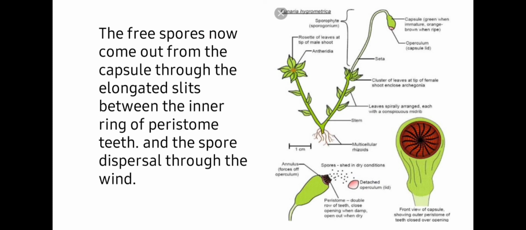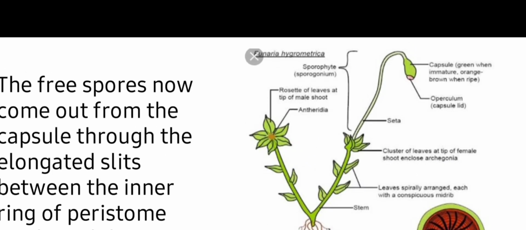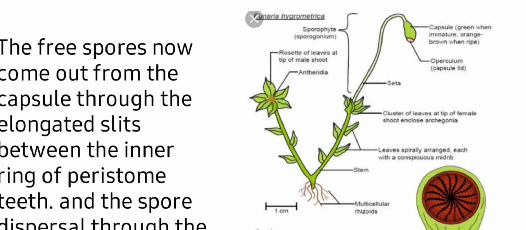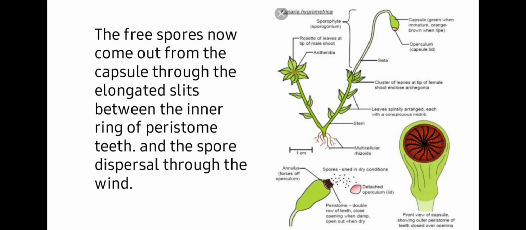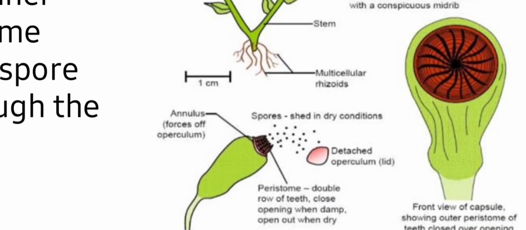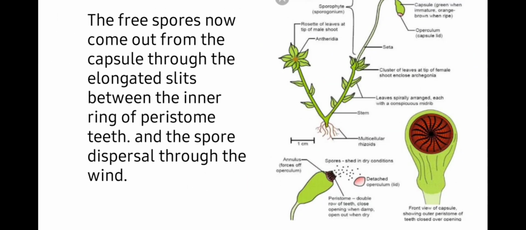Students, as you can see in this image of Funaria, the seta elongates to expose the capsule into the air, that is dry air. And you can see here the annulus breaks and removes the operculum, which exposes the peristome to the air. The free spores now come out from the capsule through the elongated slit between the inner ring of the peristome teeth, and the spores disperse through the wind.